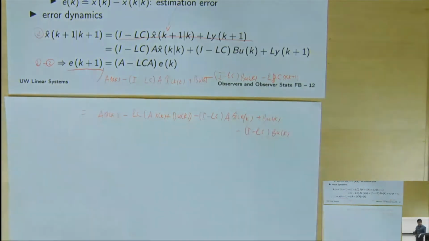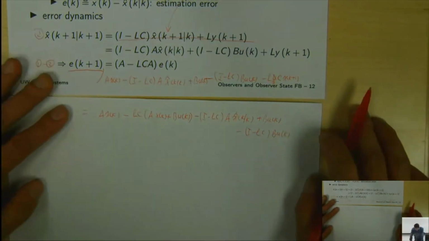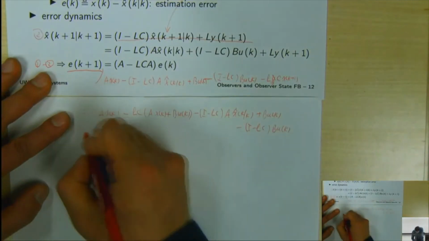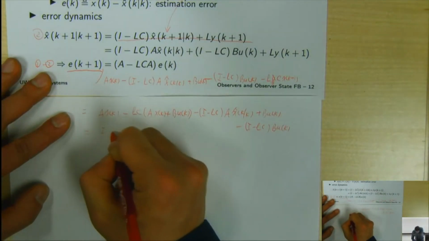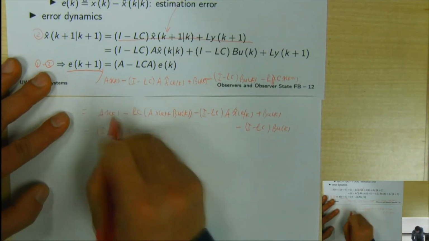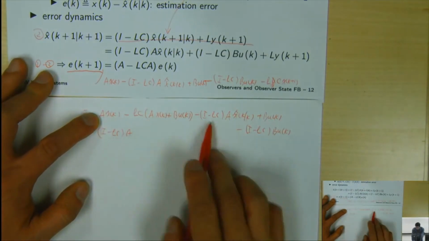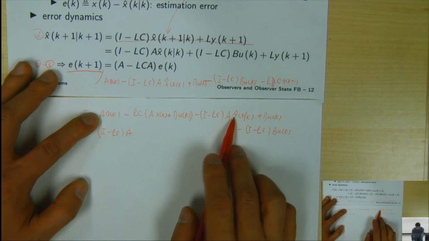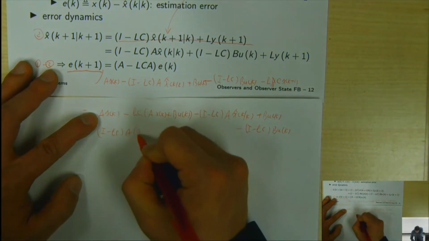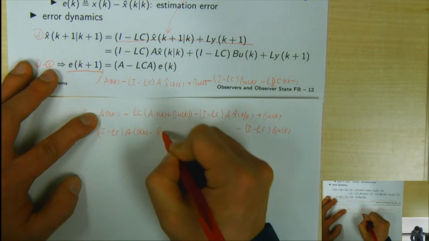So we can see a lot of cancellations actually. They both have I minus LC A, right? So I minus LC A x k, I minus LC times A times x k plus 1. So we got x k minus x hat k given k.